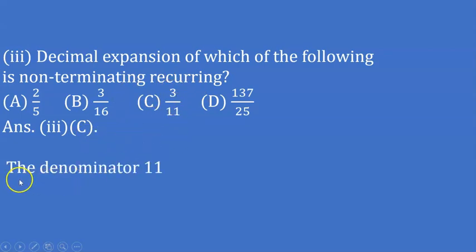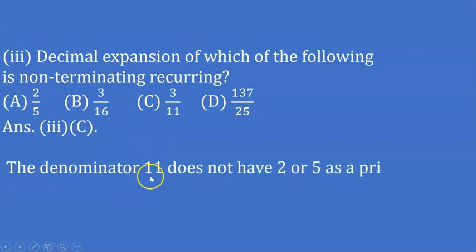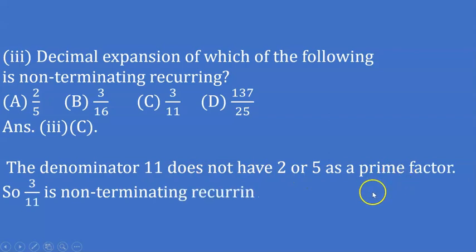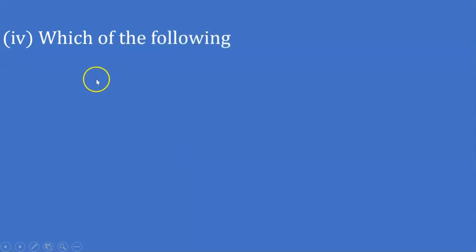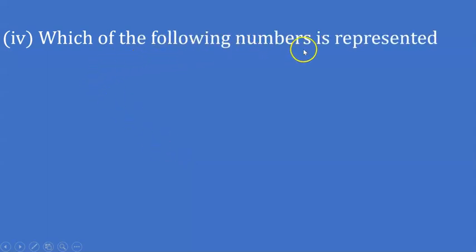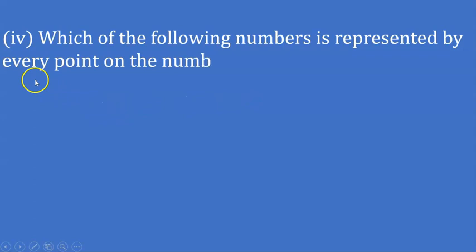And why is it correct? The denominator 11 does not have 2 or 5 as a prime factor. So 3 upon 11 is non-terminating recurring. Next, which of the following numbers is represented by every point on the number line?